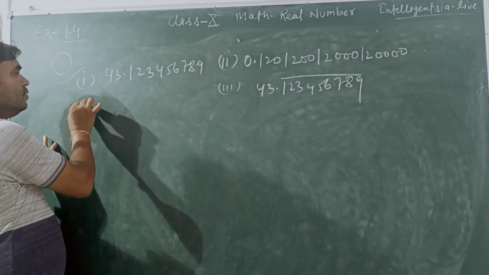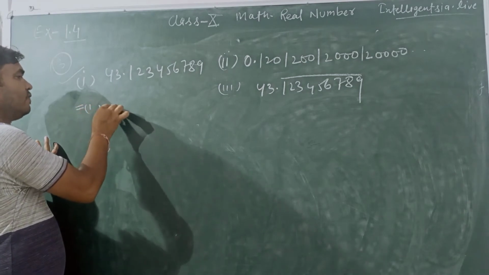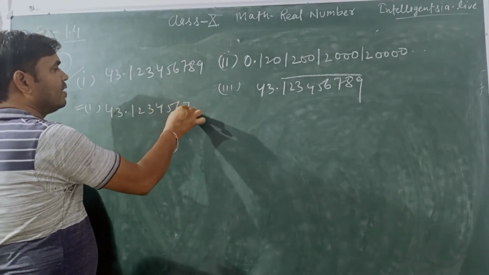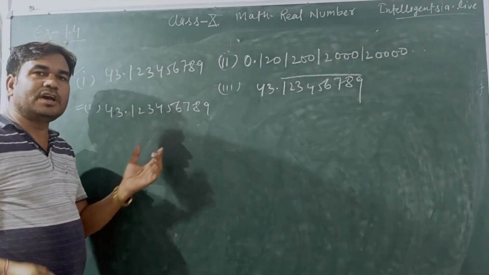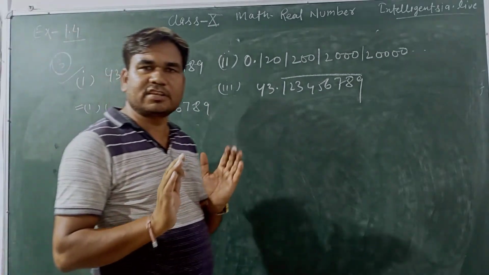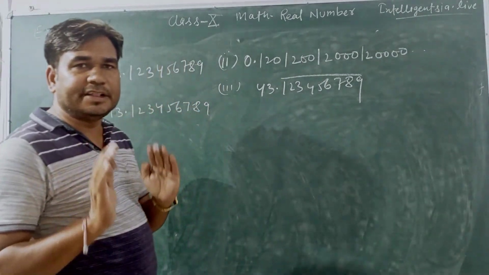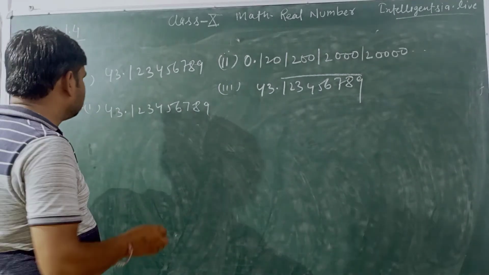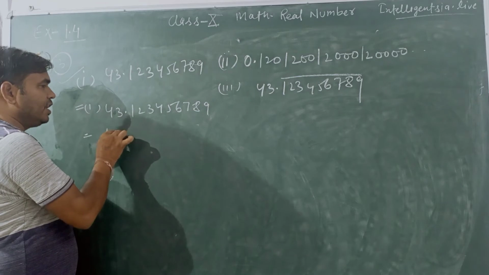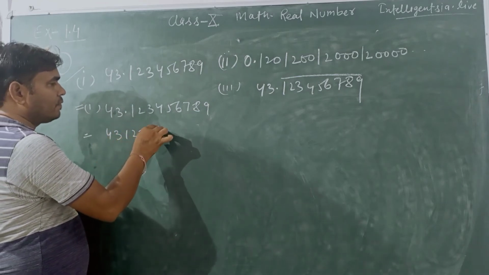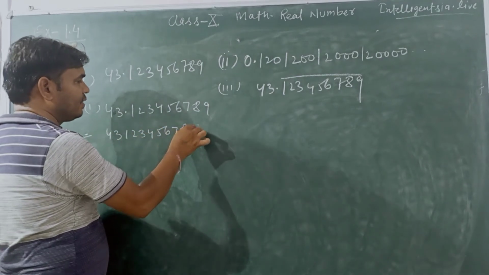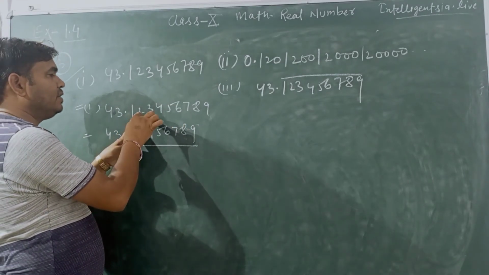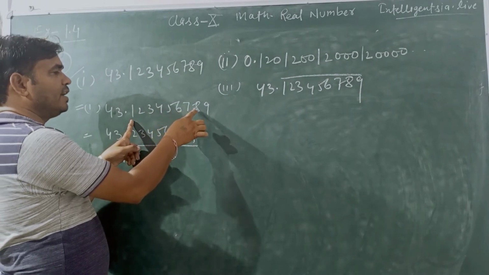we see that the first part we take is 43.123456789. So here we have to find out whether it is rational, in the form of terminating decimals. So we write 43.123456789 over 1, and after that we count the digits: 1 2 3 4 5 6 7 8 9.